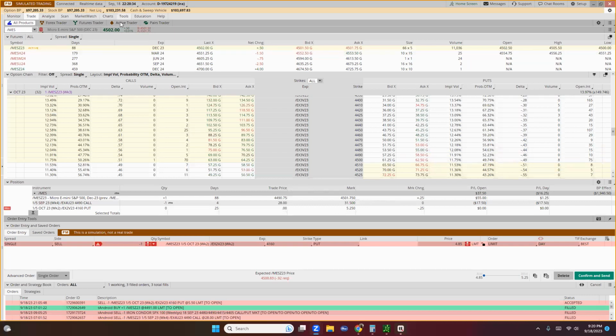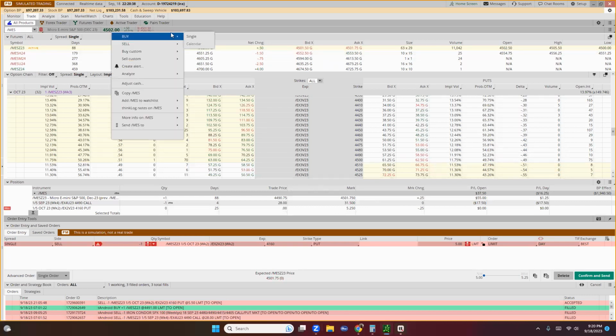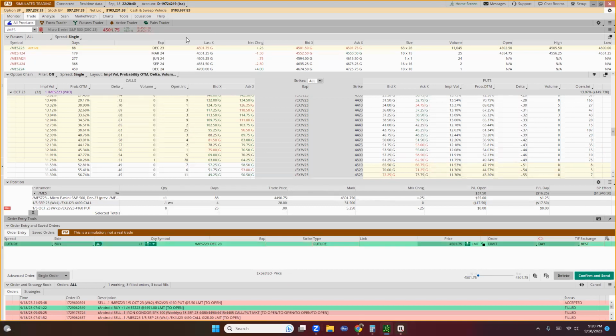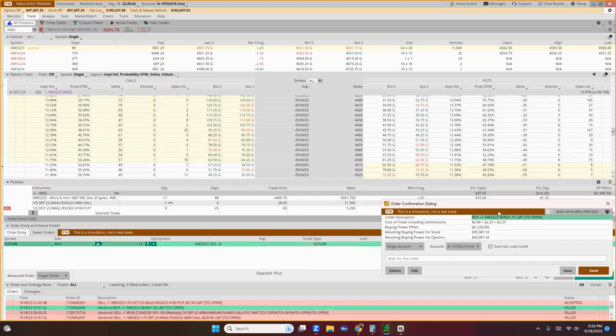Thank you. All right, so look at just buying an MES contract outright. So I'm going to buy just the contracts. That's using about $1,200 in buying power. So it's a little bit higher than the $1,000 or so that I recommend, but it's not dramatically higher.